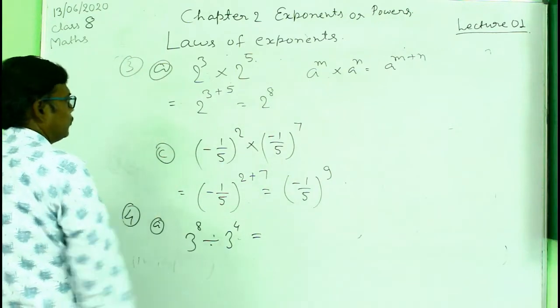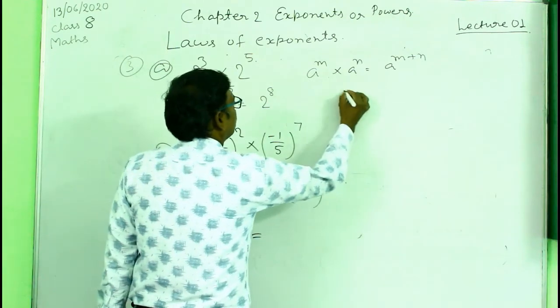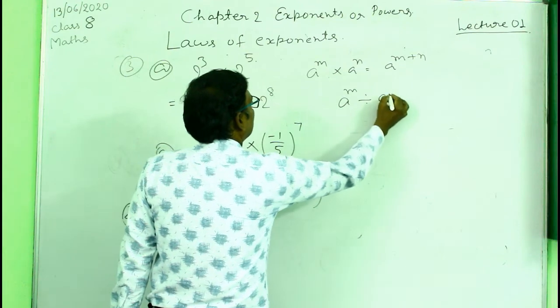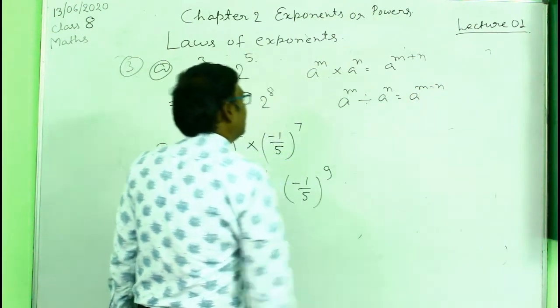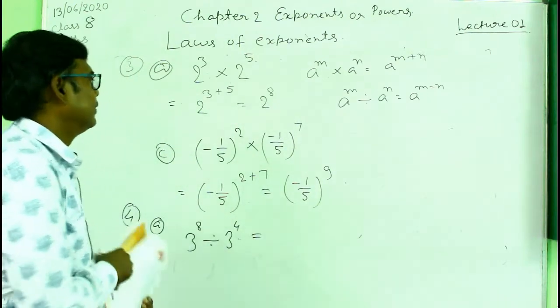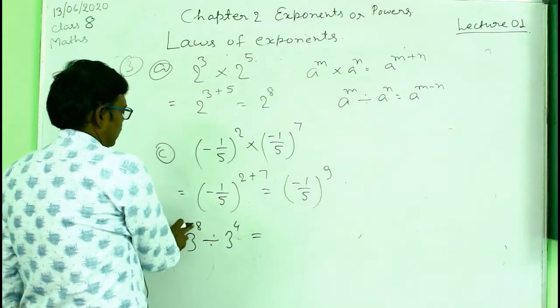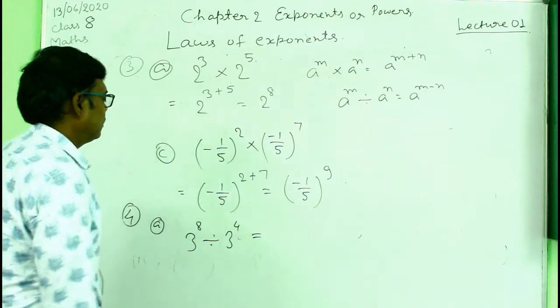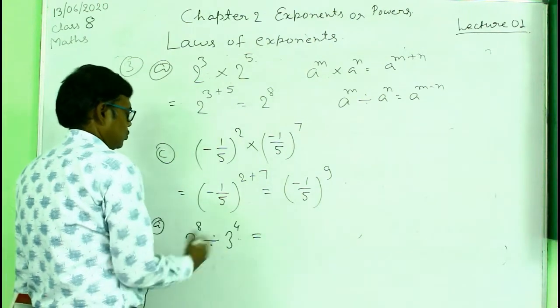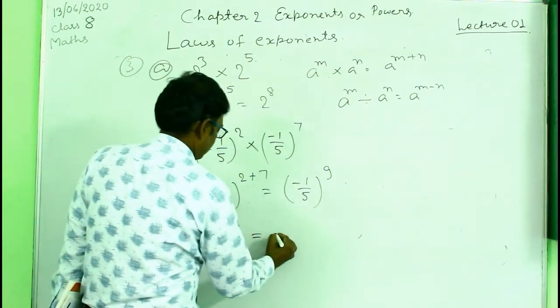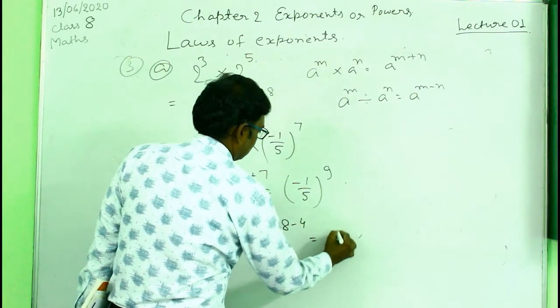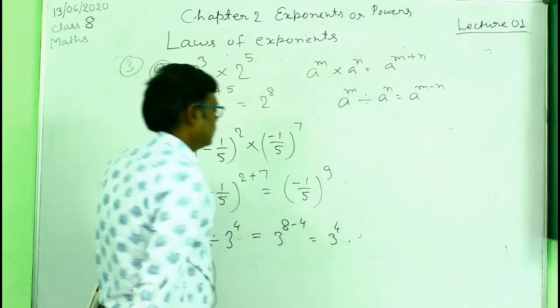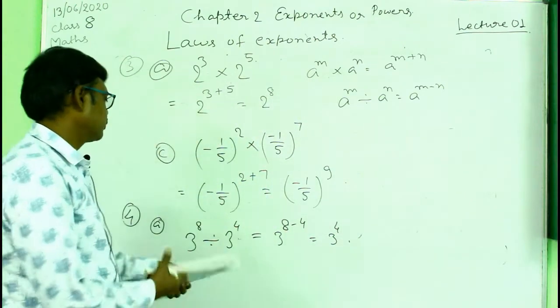Here you will use the formula a to the power m divided by a to the power n equals a to the power m minus n, when m is greater than n. Here the value of m is greater than the value of n. So it will be 3 to the power 8 minus 4, which is 3 to the power 4. So this is the answer of this question.